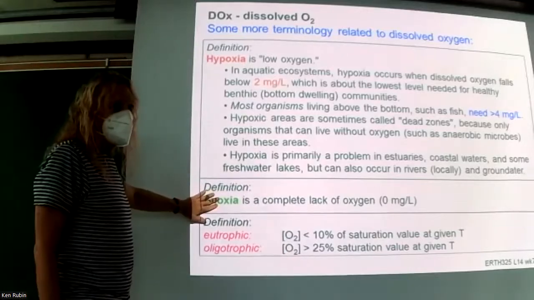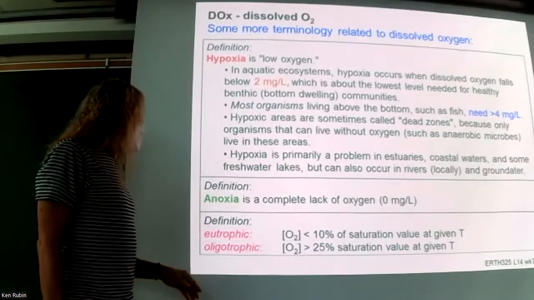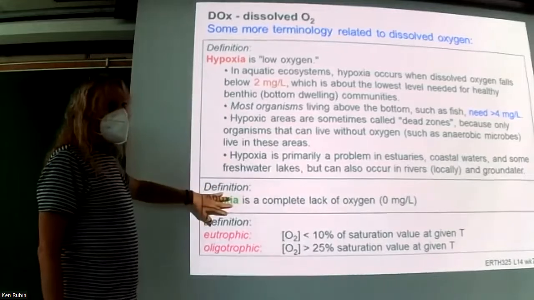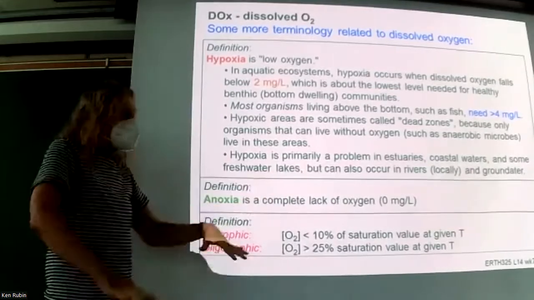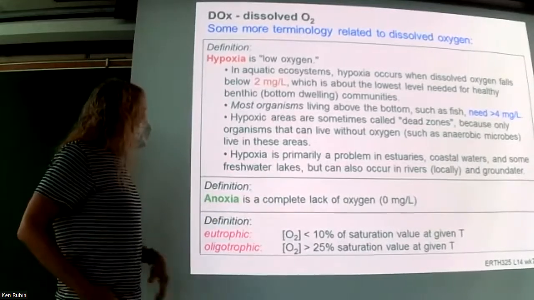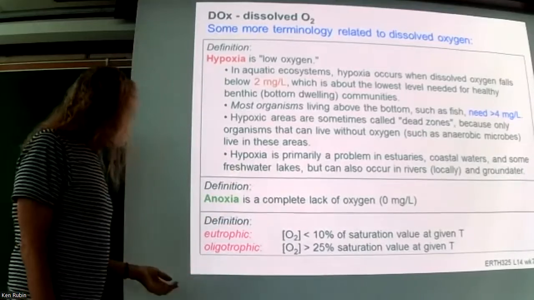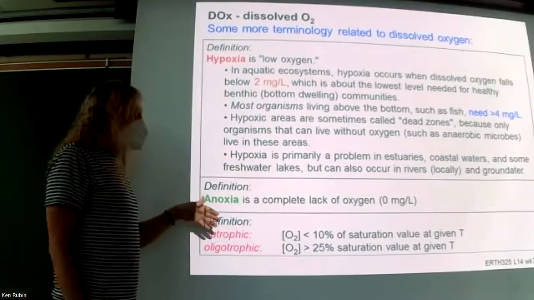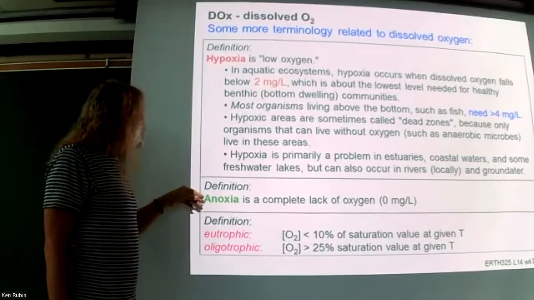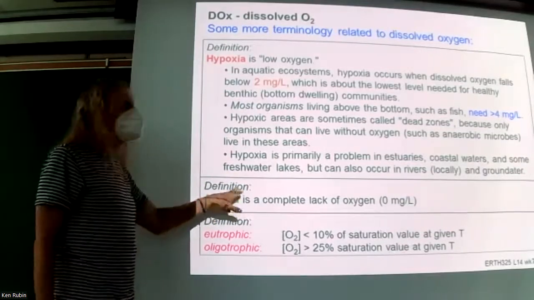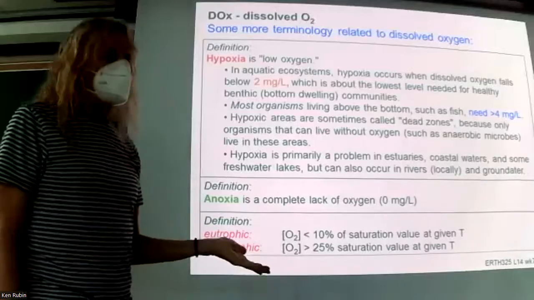This is harder on the environment. And environments may migrate back and forth between hypoxic conditions and anoxic conditions, depending on local supply conditions. They may even go back into oxidized conditions, sometimes called oxic or oxia. It just depends on the setting and on what's causing the anoxia or the hypoxia in the first place.